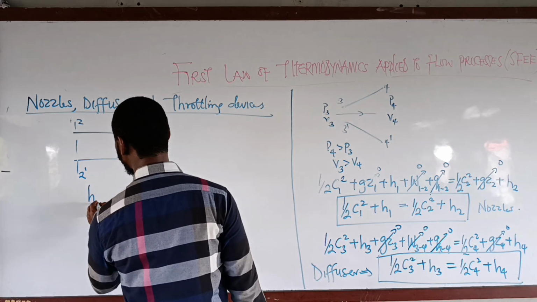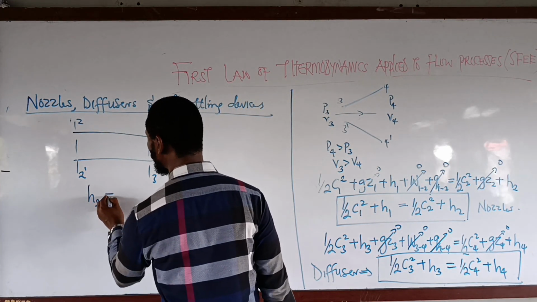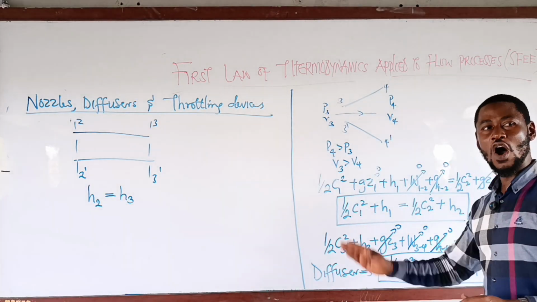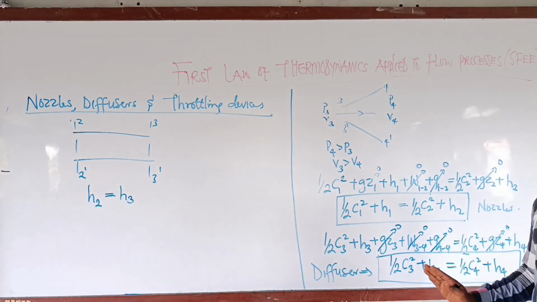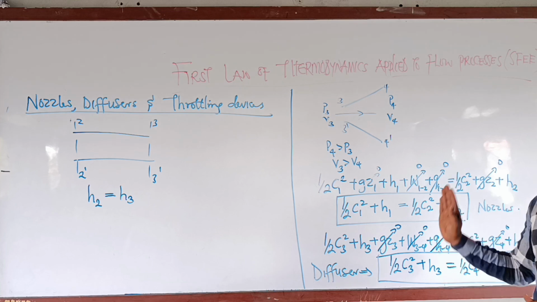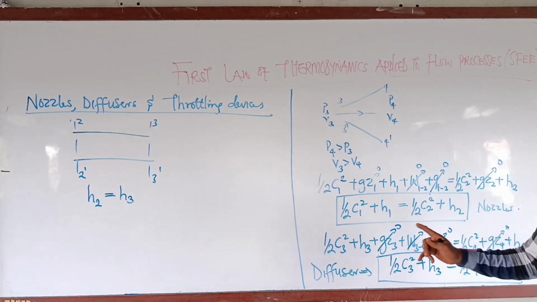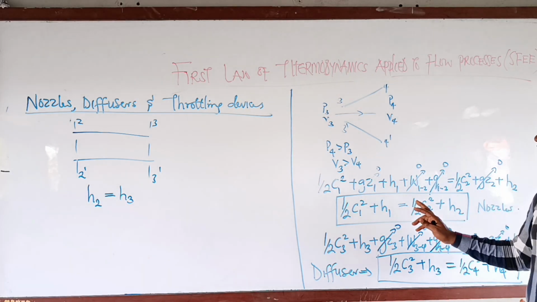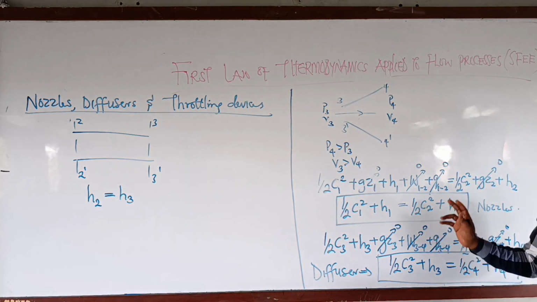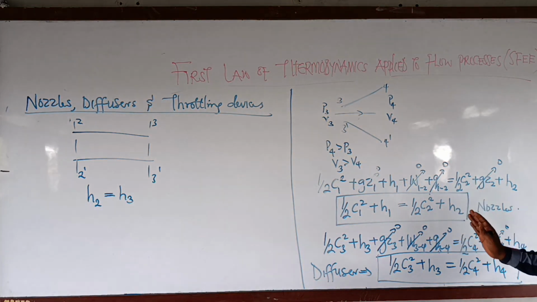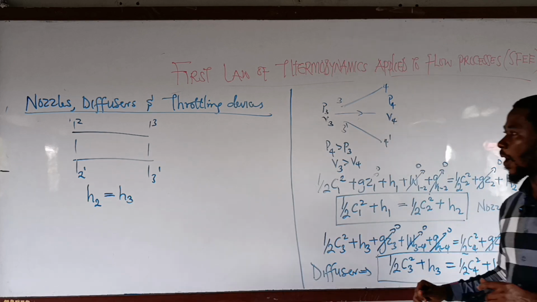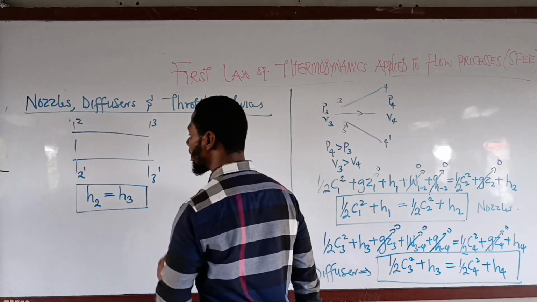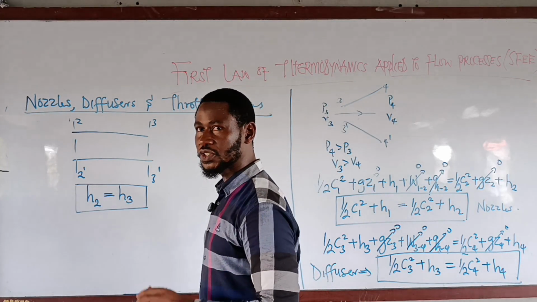So for the throttling device, we have H2 equals H3, after we have taken all the various assumptions required in the calculation. Number one, we eliminate the kinetic energy, the potential energy, the work transfer, and the heat transfer in the process. Therefore, the equation reduces to H2 equals H3.